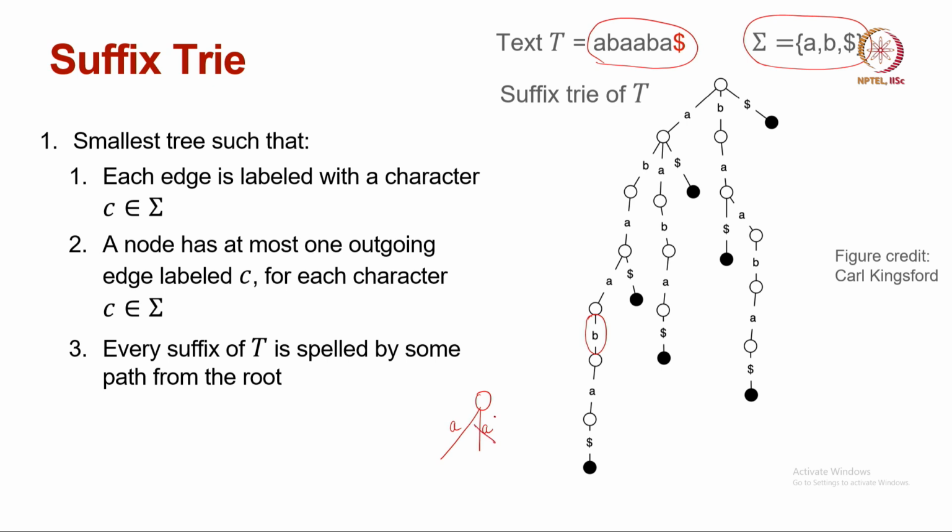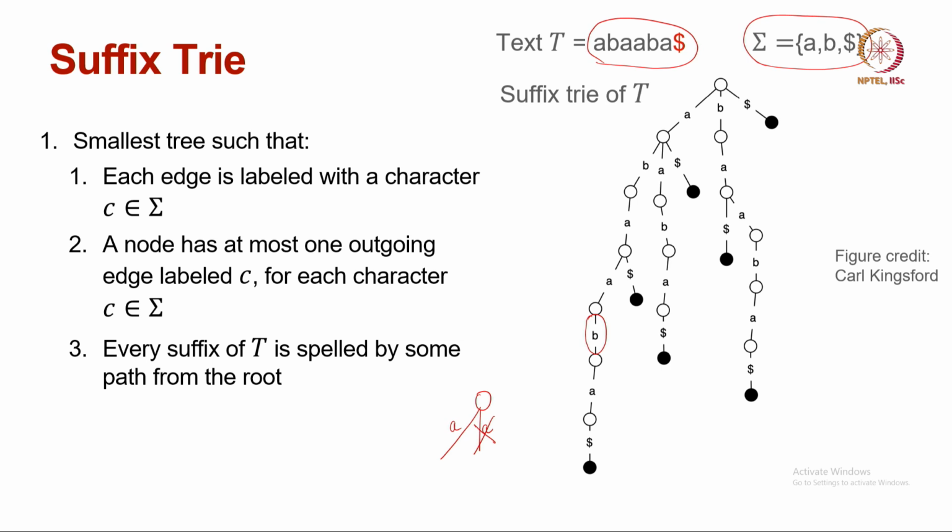So, this is not allowed, and you can see in the right hand side example also that this property is satisfied, that each node has at most one outgoing edge labeled with a particular character from the alphabet.